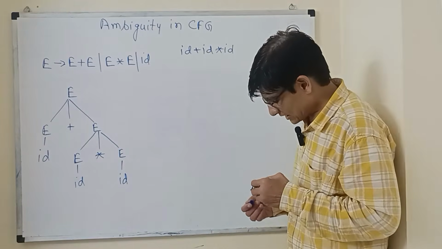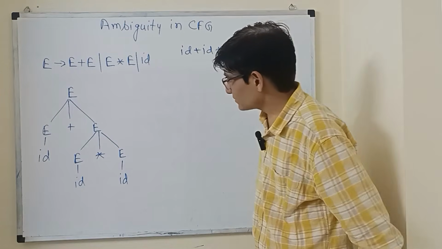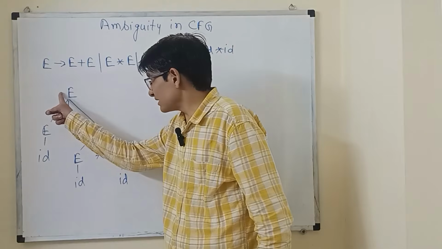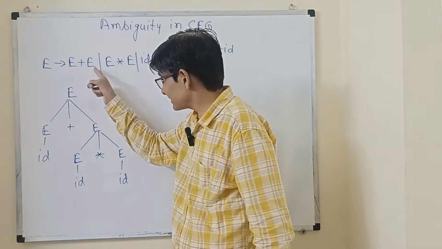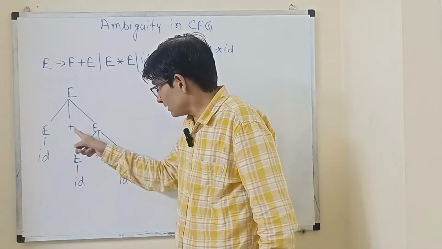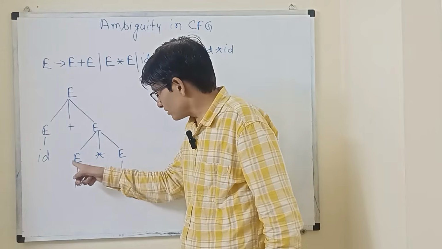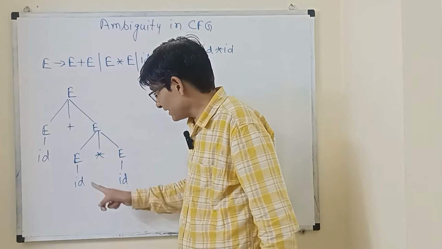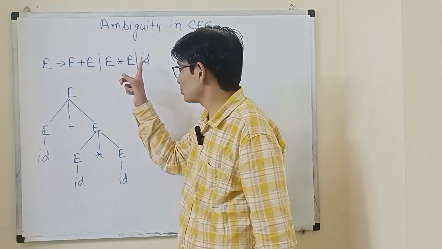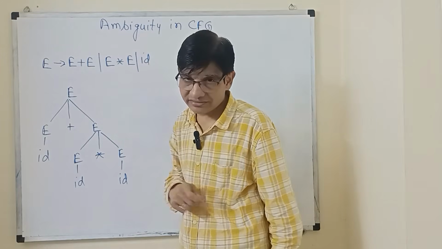So in this particular parse tree, you can see I started from E, then used the production E plus E, and then the second E I expanded as E cross E, and then all E's were converted to ID using the last production.